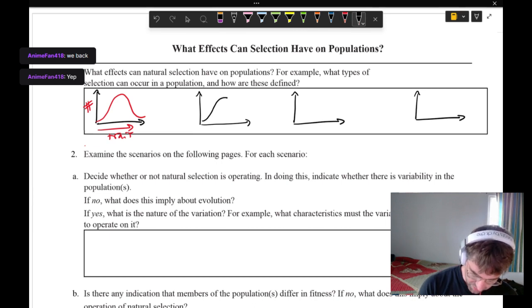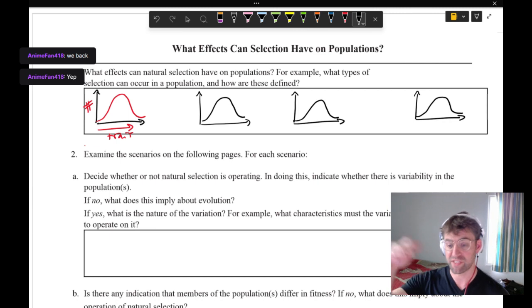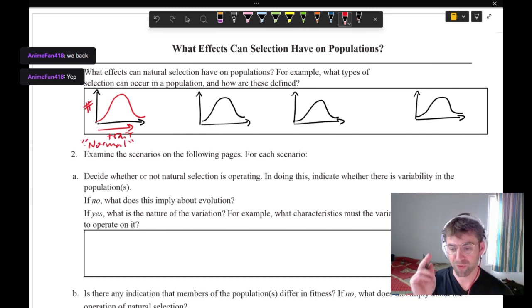In all of these, I'm going to draw our normal distribution as a reference point and then draw the type of selection in red. So this would be our normal. And normal in this case is in the statistical sense.